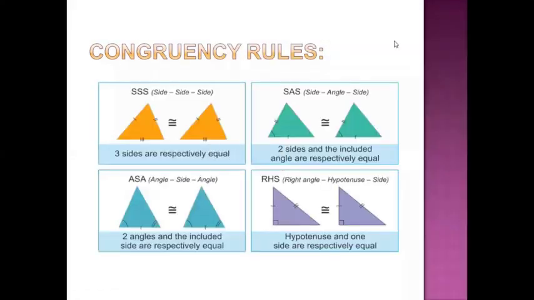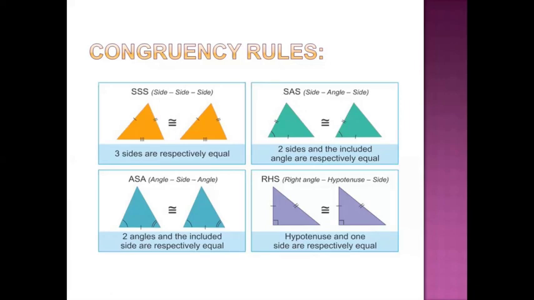So here are some rules which are used to check whether triangles are congruent or not. The first rule is called SSS, which means side, side, side. If three sides of the first triangle are equal to three corresponding sides of the second triangle, then these two triangles are said to be congruent.